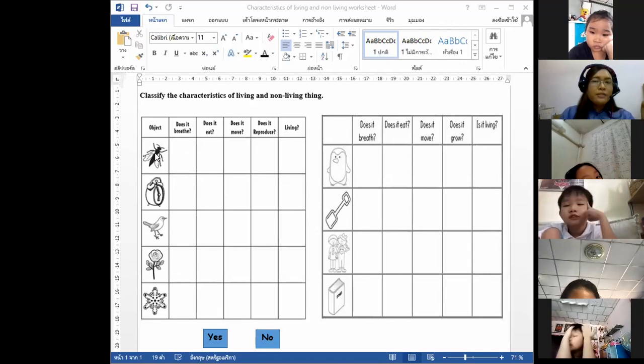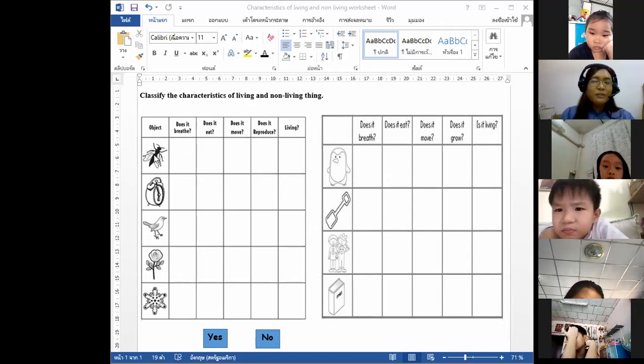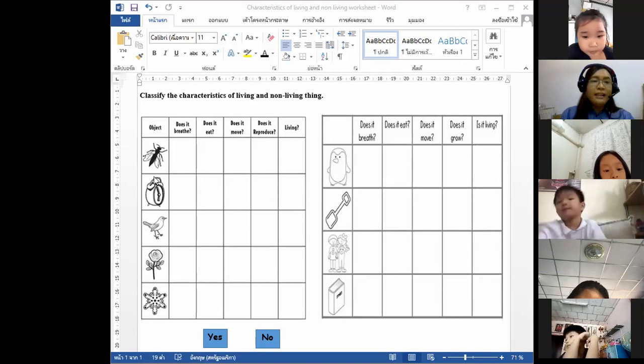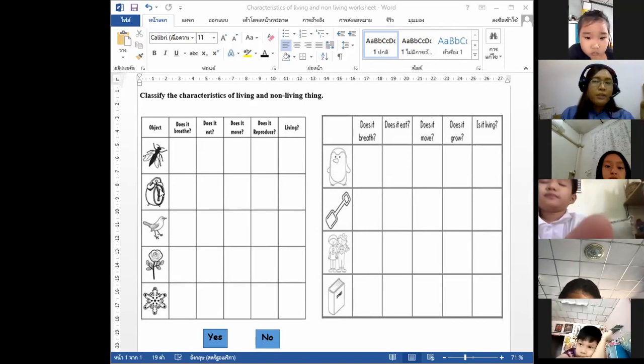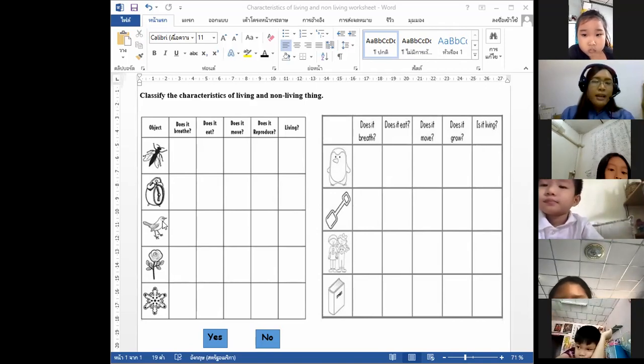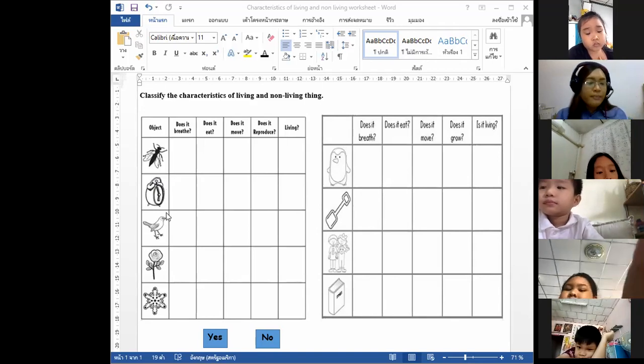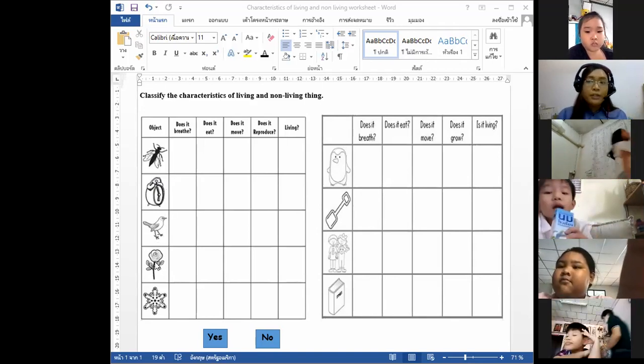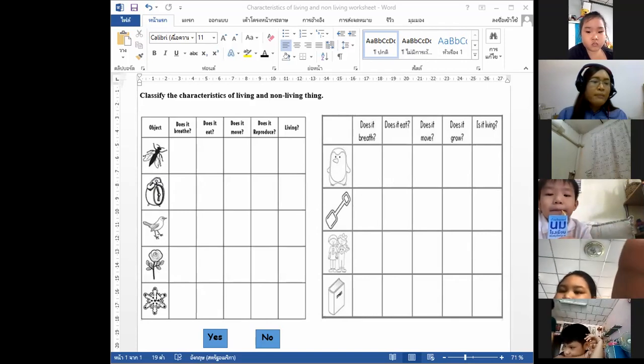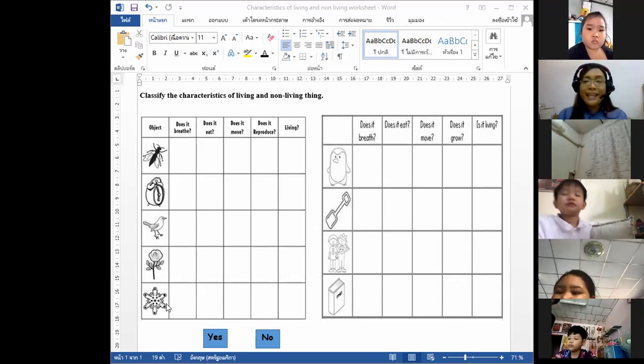First object, we have insect, or we can also say it's a fly. Number 2, alarm clock. Number 3, we have bird. Number 4, we have flower or rose. And number 5, we have a snowflake.